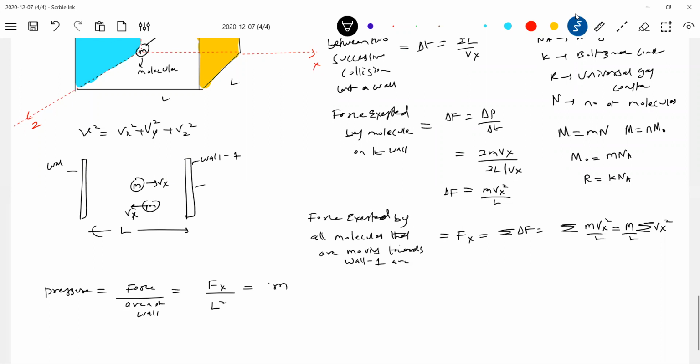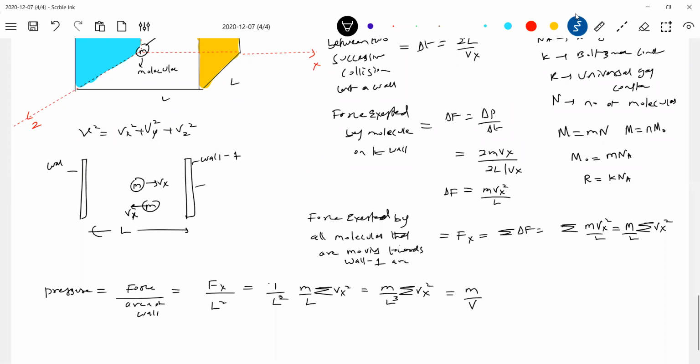So this should become M. So this is due to X component. Like that, there'll be force exerted, and what is L cube? L cube will become volume. So put it here.